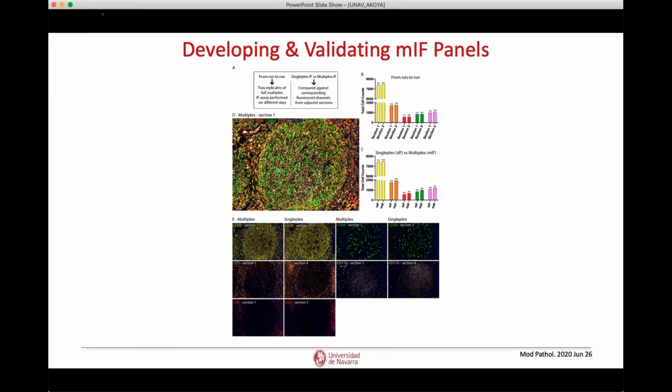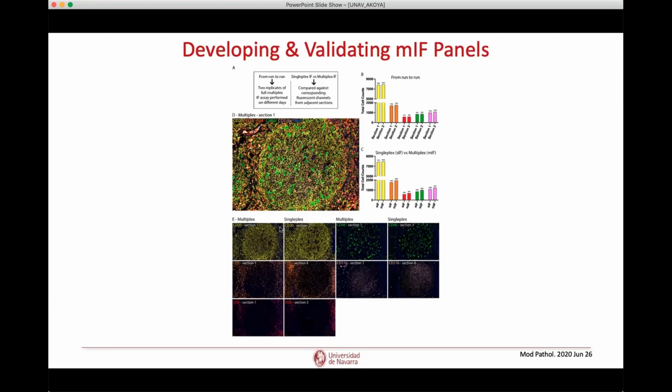The second layer of validation is the singleplex versus multiplex validation. As you can appreciate here, you have an image with the multiplex, with all the markers, CD20, CD3, CD8, CD68, and CD11b, and here the comparison between multiplex and singleplex.